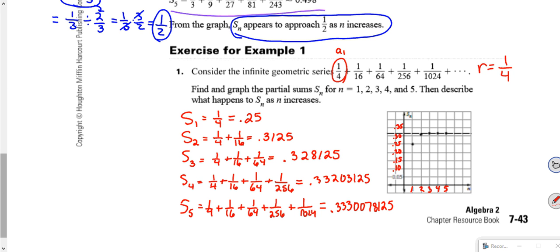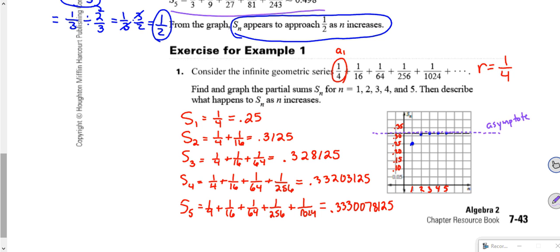So if I'm plotting these points, let me do it in a different color. One was 0.25, right on it. The sum of the first two terms was 0.3125, just above the 0.3. The sum of the first three terms was 0.328, a little bit higher, and then 0.332, and then 0.333. Notice again, this is my asymptote.